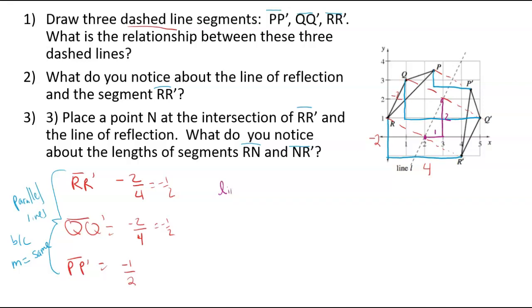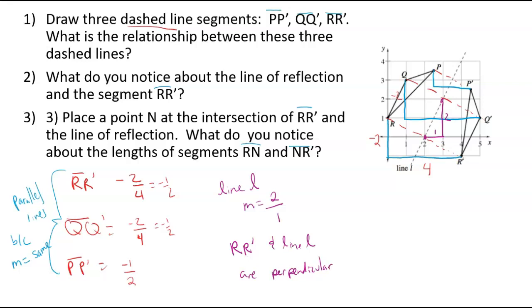So this line, L, the slope of this line is 2 over 1. What do you notice about that? What you should have noticed is that R to R prime and the line L are perpendicular.